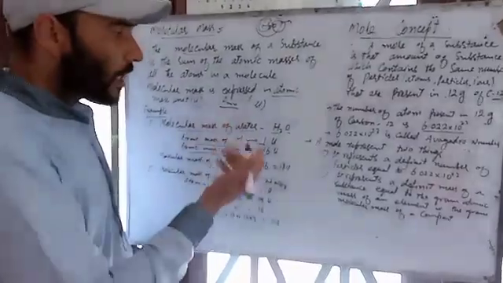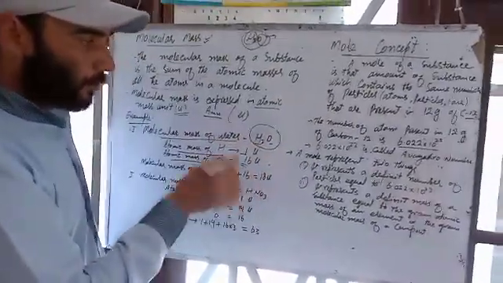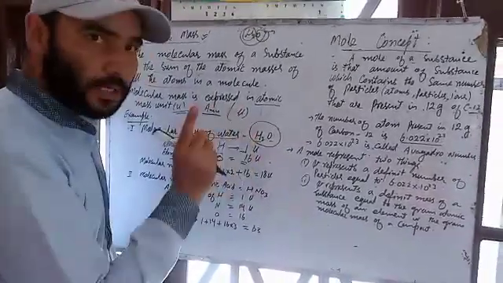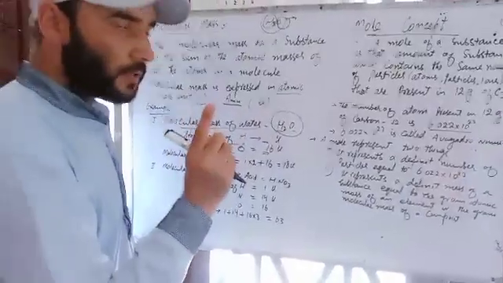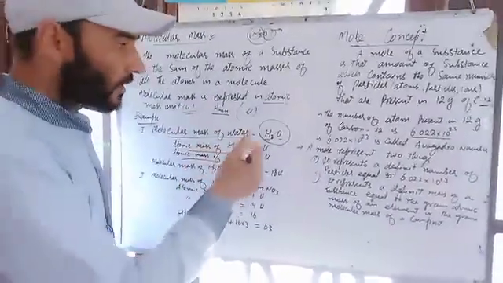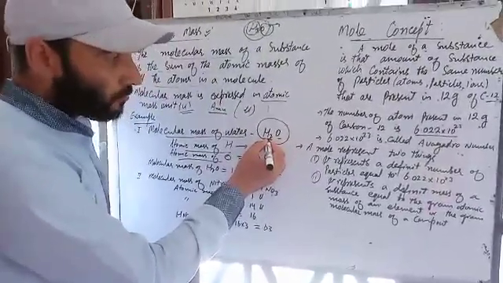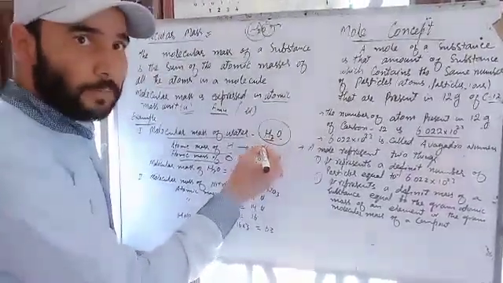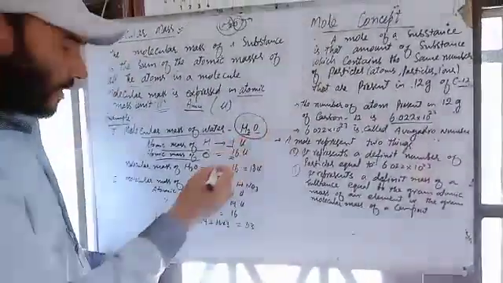Then how do we calculate the molecular mass of water? First we know that hydrogen has atomic mass of 1, and oxygen has atomic mass of 16. Then there are 2 hydrogen atoms. That means we have to add the mass of 2 hydrogen atoms with 1 oxygen atom.